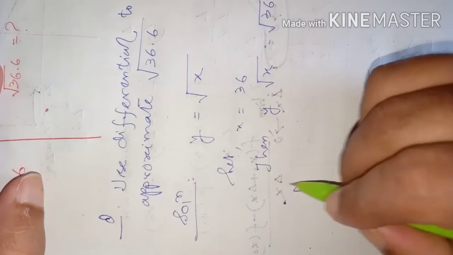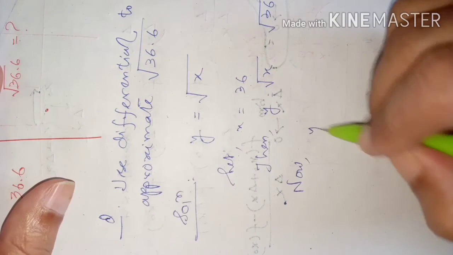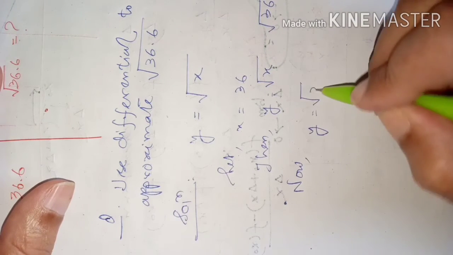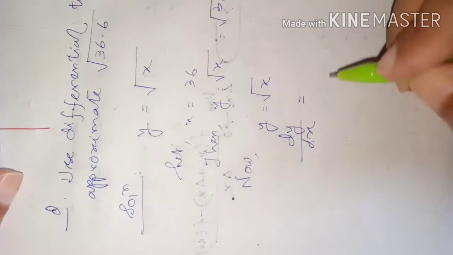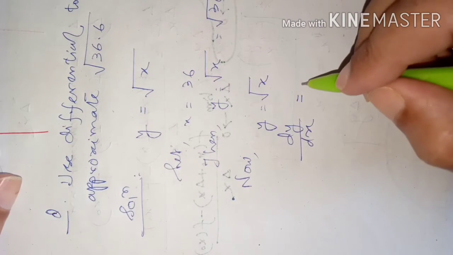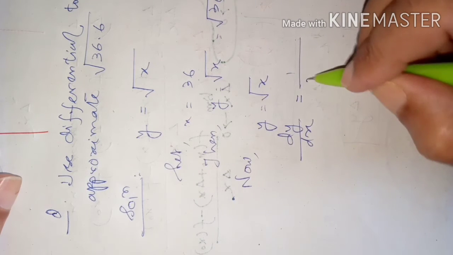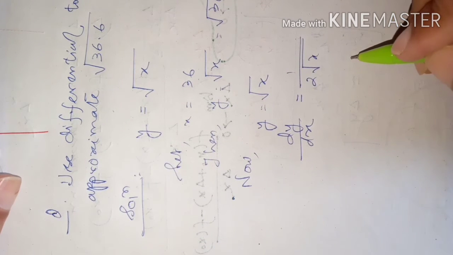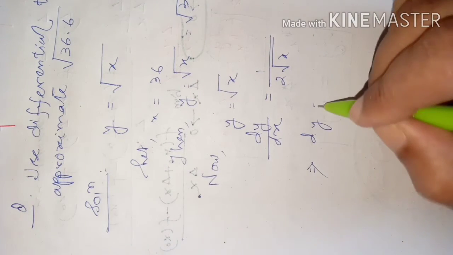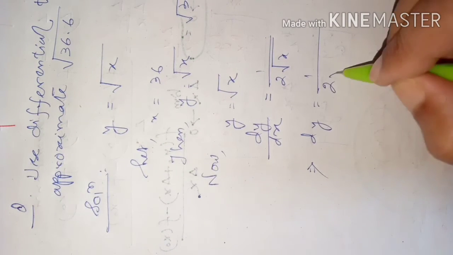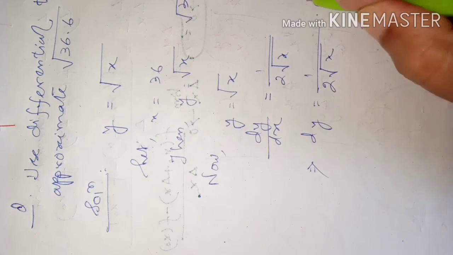Now if we take the differential of this, y is equal to under root x, then dy by dx will be 1 by 2 under root x. So from here we can say dy is equal to 1 by 2 under root x into dx.